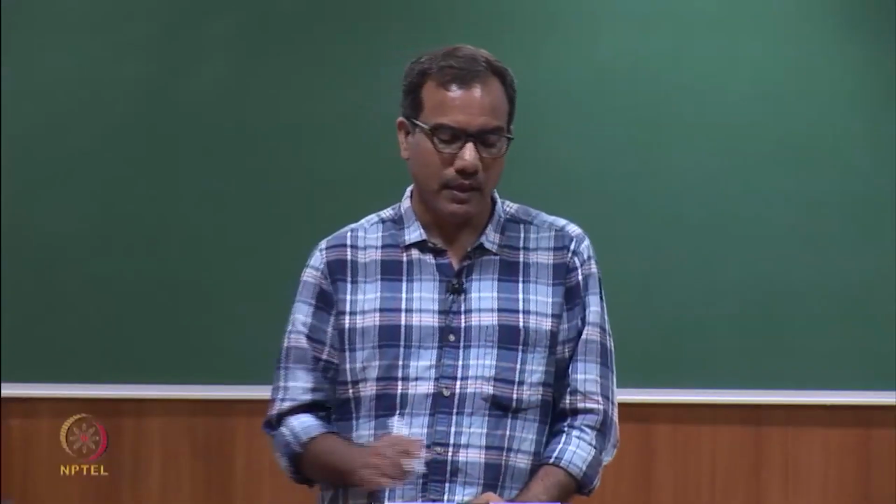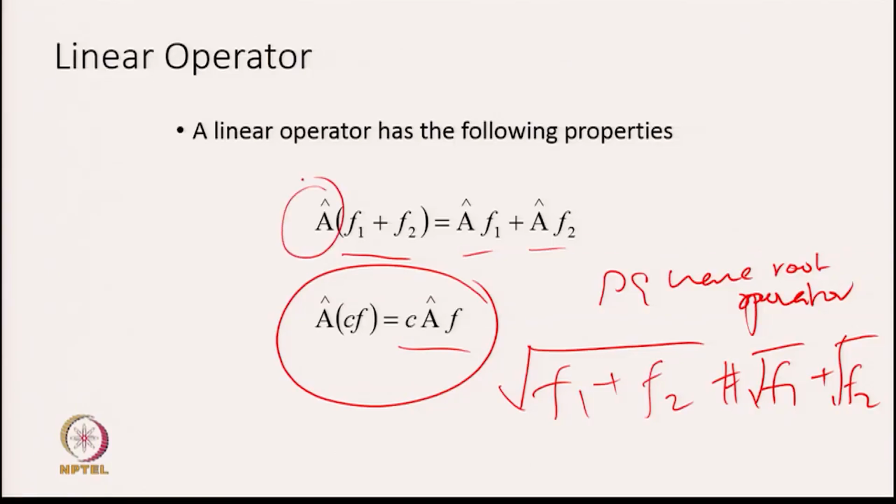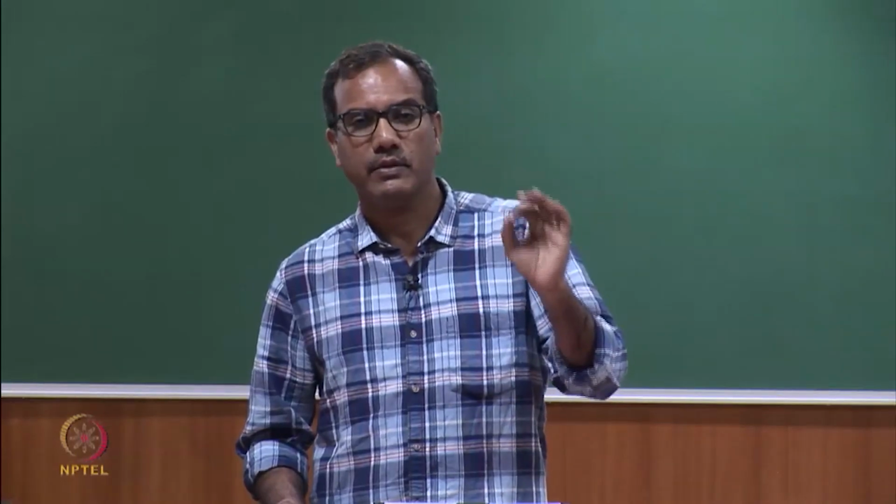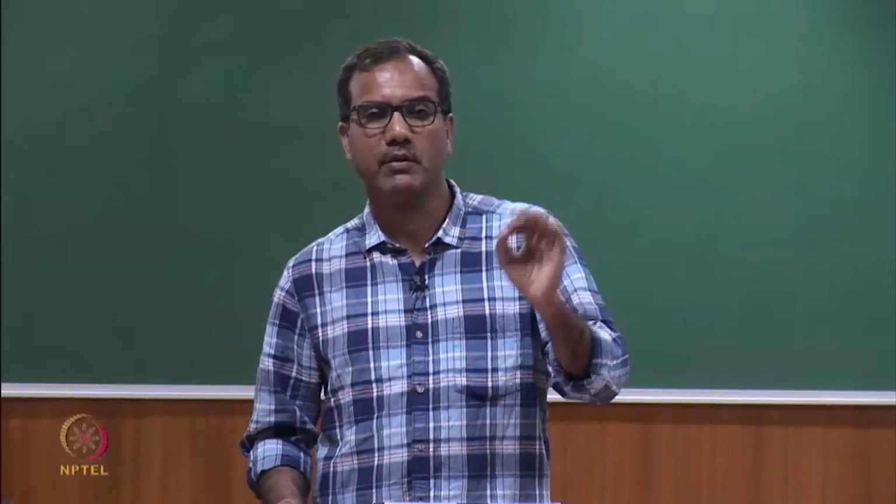So, two conditions: the operator applied to the combination of two functions should equal the operator of function f1 plus the operator of function f2, and when the operator is applied to a constant multiplied by a function, that should equal the constant multiplied by the operator of this function. So, we discussed observables, operators, and linear operators.